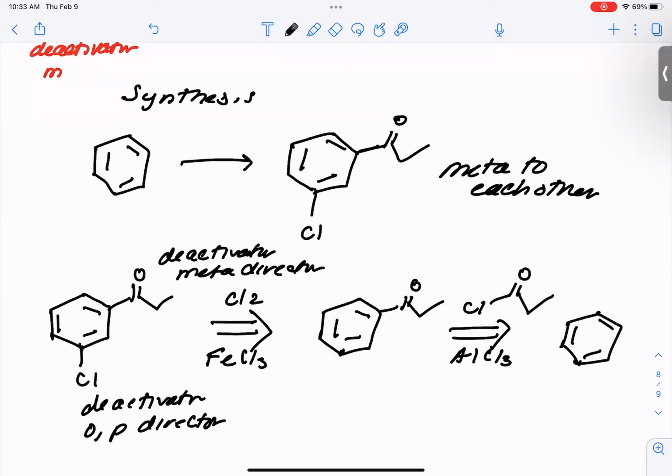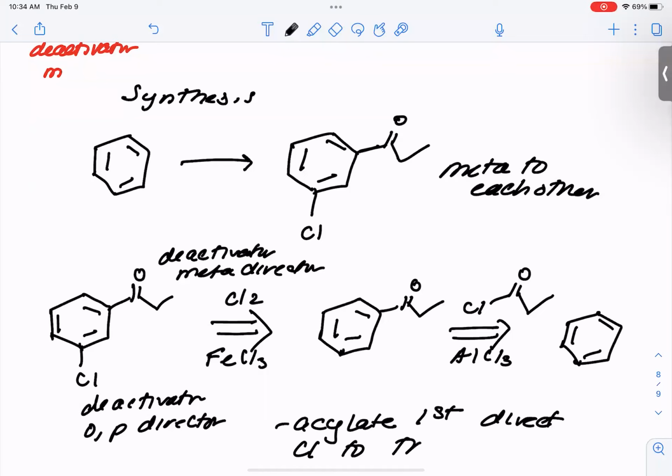Okay. Because you have to acylate first, because it will direct the chlorine to the meta position.